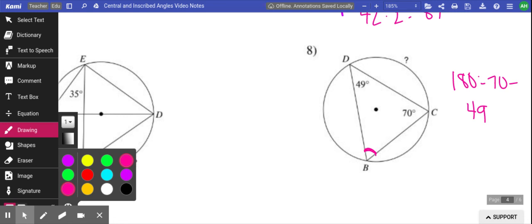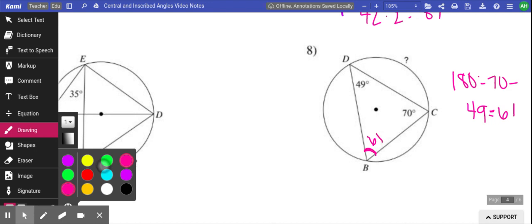I'd say someone help, but I don't think you guys can respond to me when I am making a video, so that's no good. Okay, so 180 minus 70 minus 49 gives you 61. So this guy's 61.